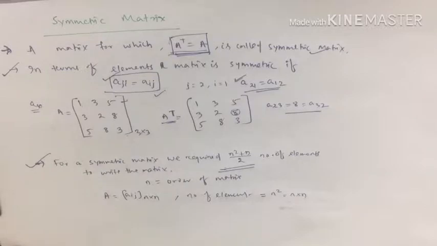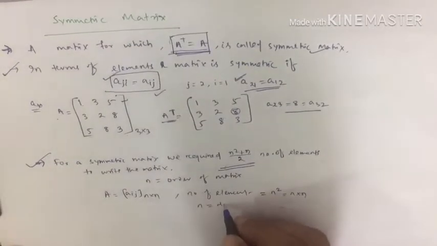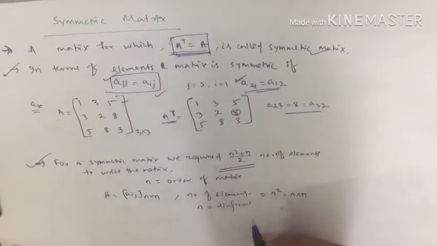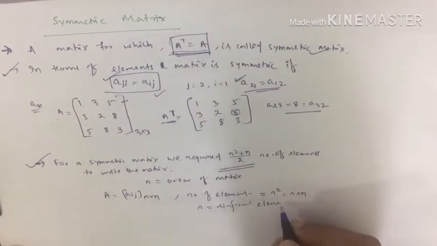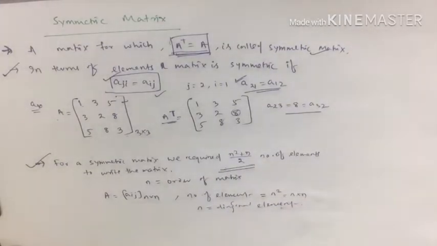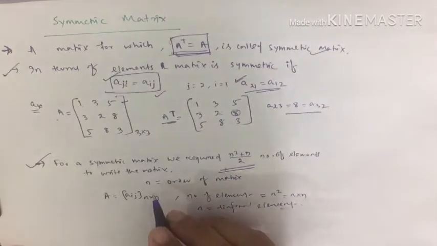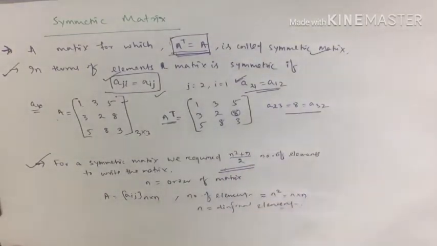For a symmetric matrix, there are n diagonal elements, yes or no? N number of diagonal elements, and total number of elements n square.